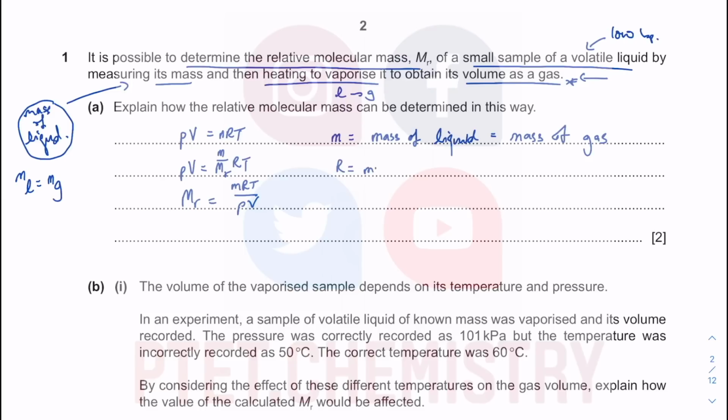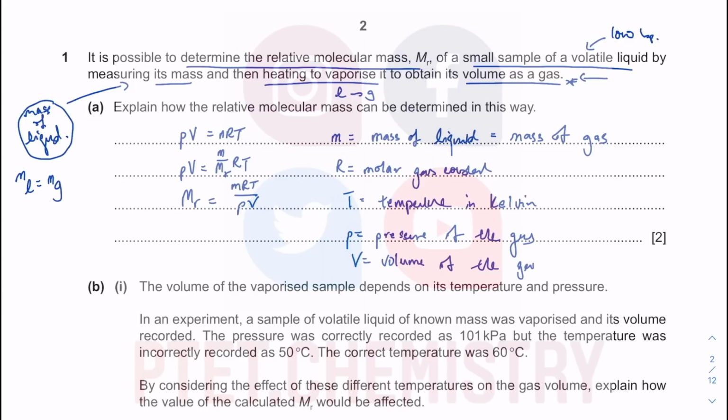R is the molar gas constant, and the rest are all the usual definitions, but we'll write all of them down because it's important to know what we're talking about. So P equals the pressure of the gas, and finally V is the volume of the gas.